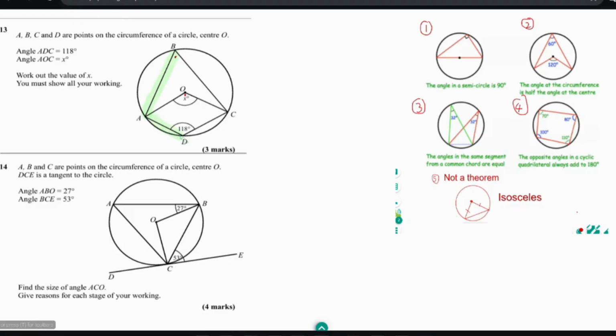Yes, we do. So opposite angles add up to 180. Doesn't ask for a reason, but asks for the working out. So ABC is 180 minus 118, which is 62. And the angle at the centre is double the angle at the circumference. So AOC is double 62, so 124 degrees.